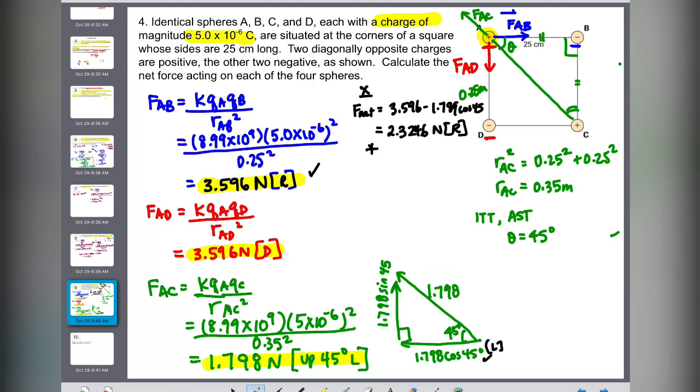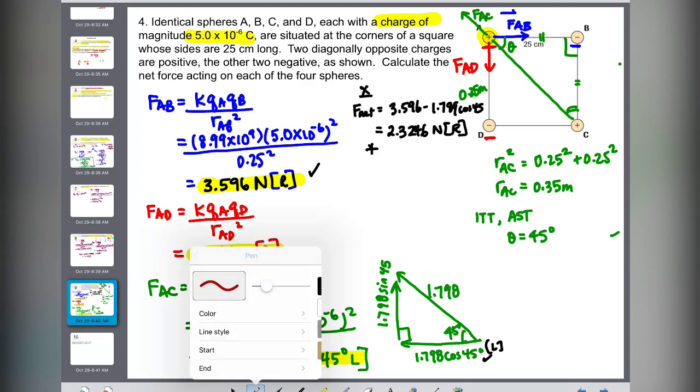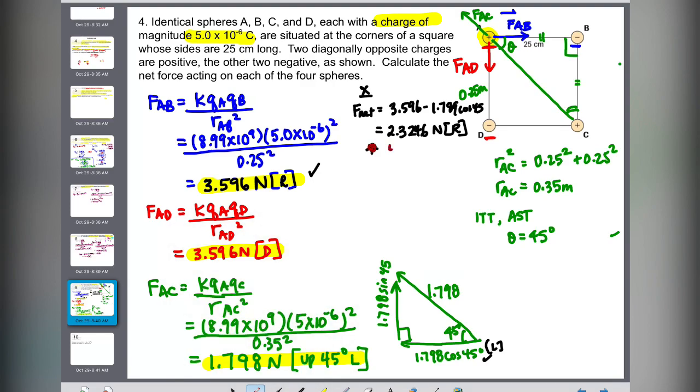And then along y, let's change color. Along y, I have one that's going down and one that's going up. Down is bigger, so F net is down minus up. So I'm going to take 3.596 minus 1.798 sine of 45.